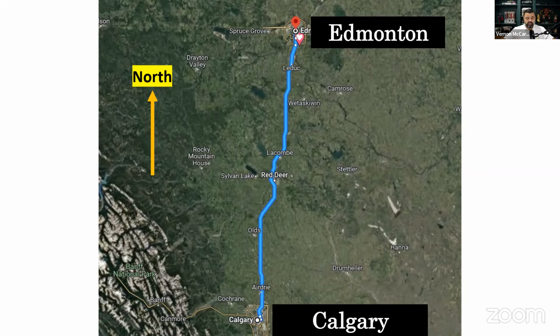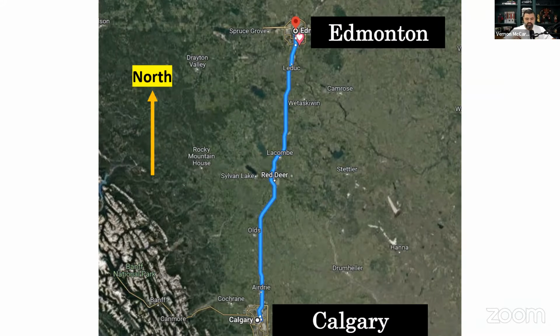So let's say in this example, we're trying to go from Calgary to Edmonton. We're going to use this example to see how powerful it is when you control the environment through which you bank, where your money is flowing to, and how you finance the things that you need in life.